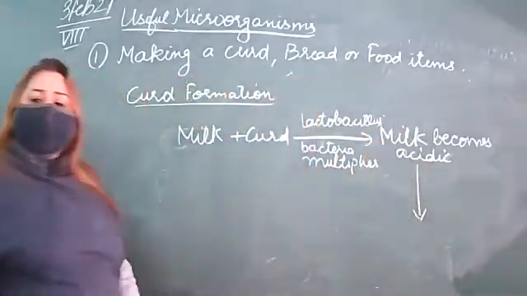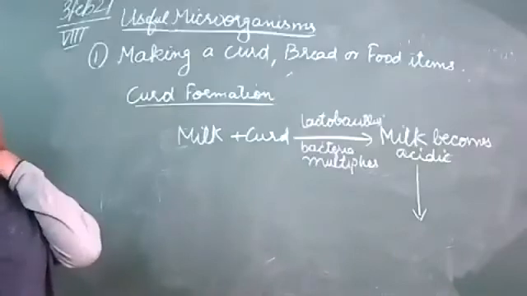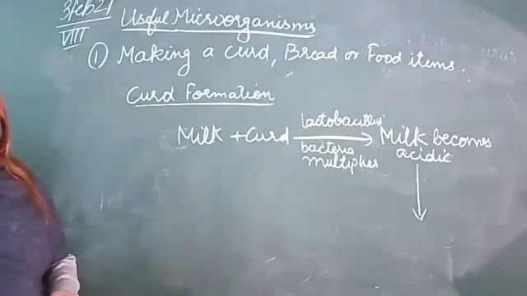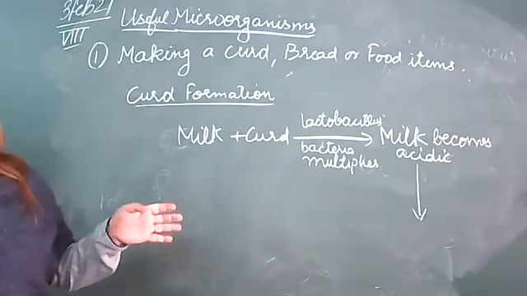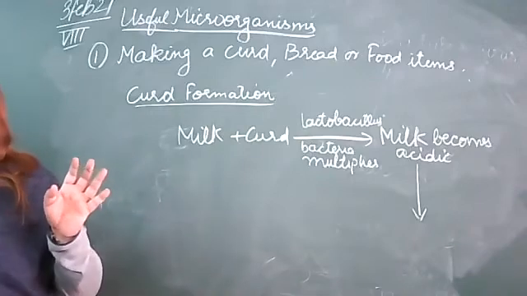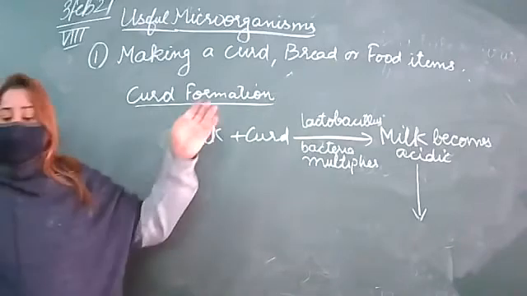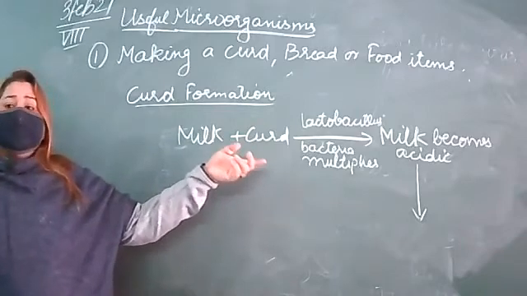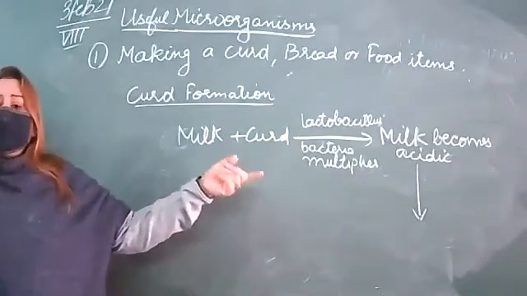Then, what is actually present in the milk that converts the milk into curd? When the milk becomes acidic, then the protein present in that milk, casein, C-A-S-E-I-N.